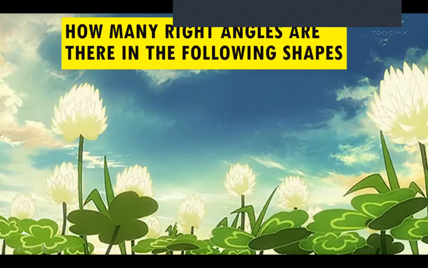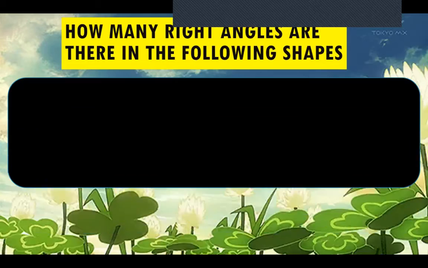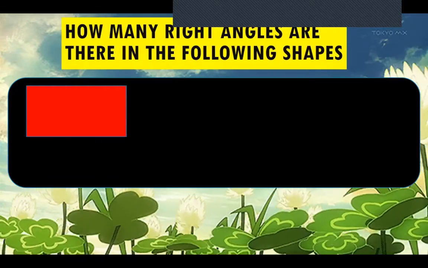How many right angles are there in the following shapes? In the first shape, can anybody guess how many right angles it forms? Yes, there are four right angles in a rectangle.